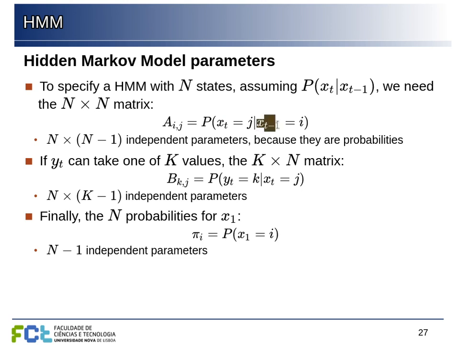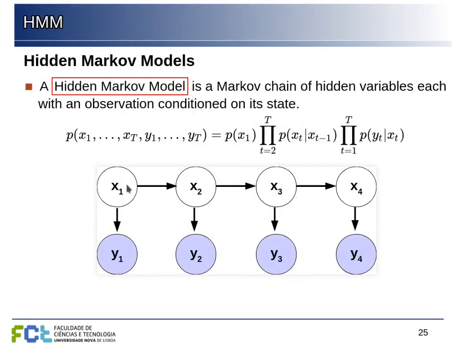So basically this is the previous state, and this is the current state, and the probability of being in state j at time t depends on what state we were at time t minus 1. So we are assuming that the probability of the state at time t depends only on the previous state. And this is represented here by this Markov chain where each state depends only on the previous one.